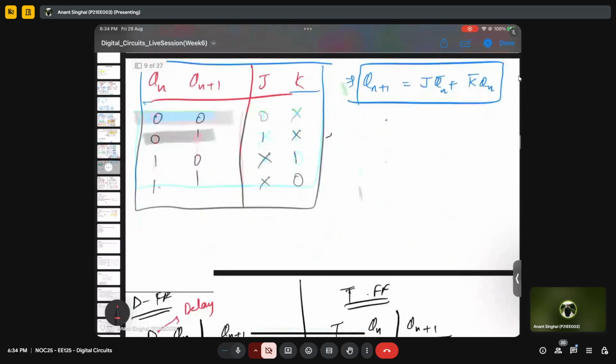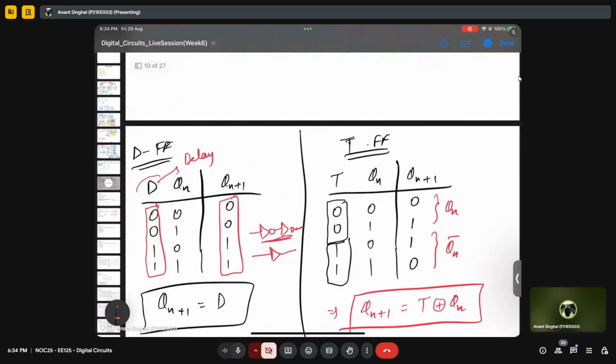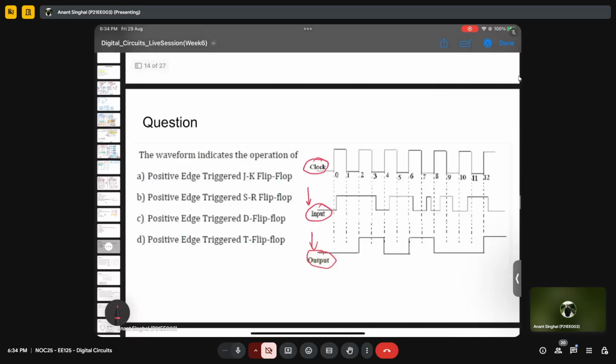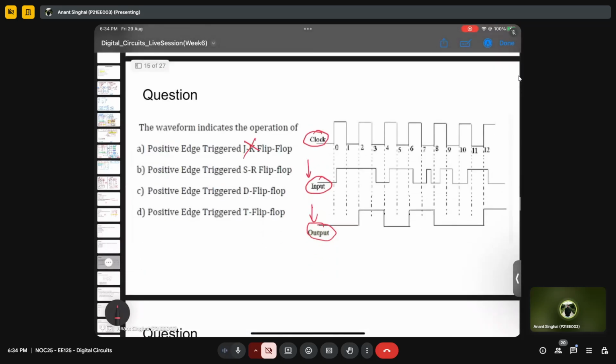But in D and T flip flop there was a single input and a single output. So can we clearly say that it cannot be a JK or SR flip flop? Does it make sense? Yeah.